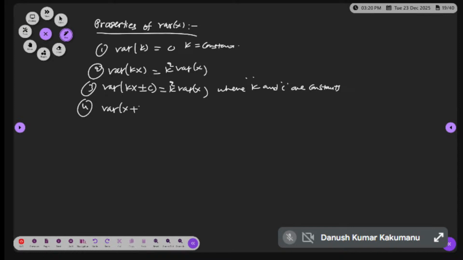Fourth, variance of x plus y is variance of x plus variance of y plus 2 covariance of x comma y.